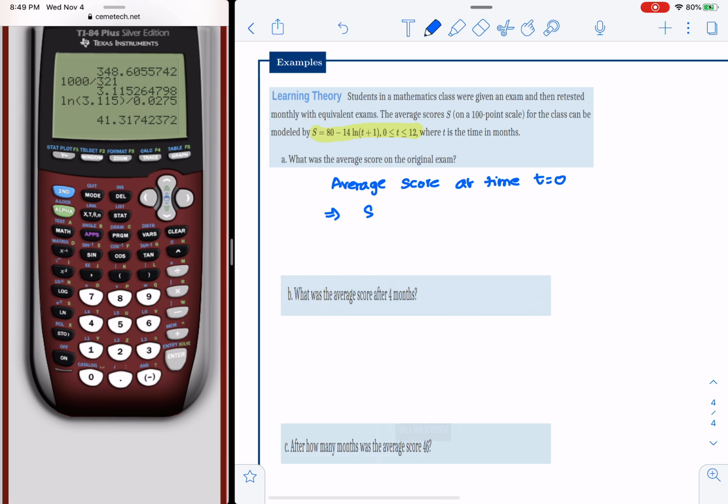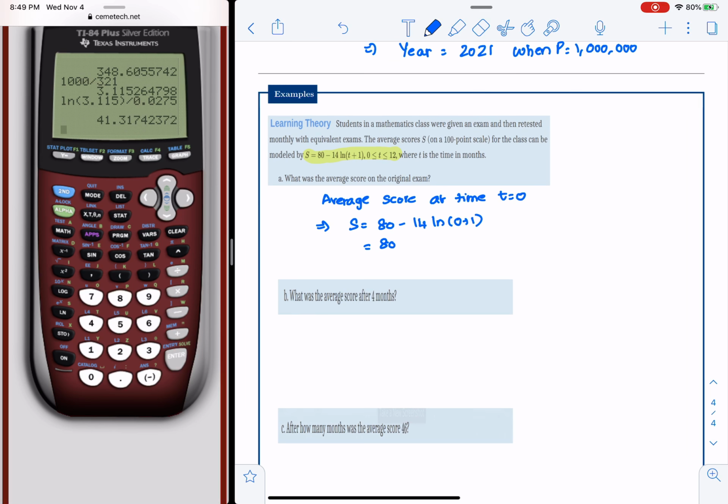So we have s equals 80 minus 14 ln of 0 plus 1, which would be 80 minus 14 ln of 1, but we know ln of 1 is 0, so we have 80 minus 0, so the score is 80.